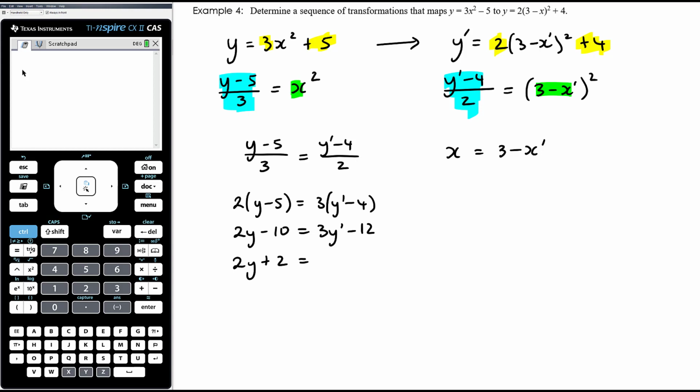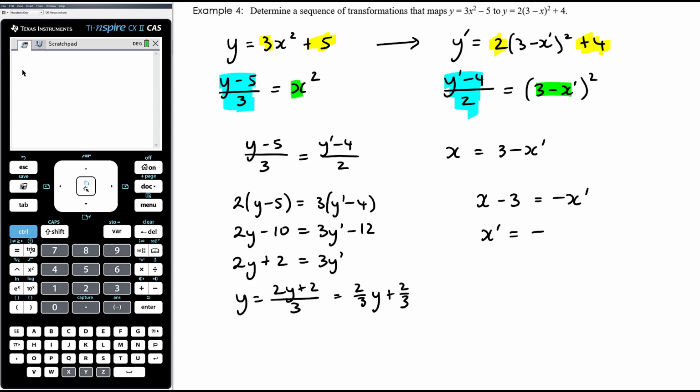That's 2y plus 2 equals 3y dash, and divide by 3, so (2y plus 2) over 3, or we could write that as 2/3 y plus 2/3. The x is a bit easier. If we take away 3, x minus 3 equals negative x dash, and then multiply everything by negative 1, x dash is negative x plus 3.